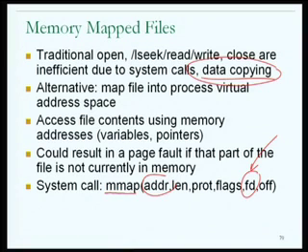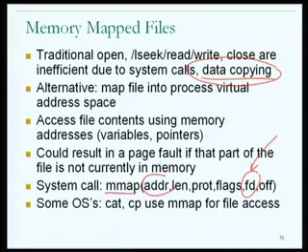Now, to answer that question, let me just point out that in many of the systems that you use, it may well be the case that the programs that you refer to as cat or cp may benefit from using mmap rather than using the traditional mechanisms, fopen or open, read, write, etc. If you actually checked to see what mechanism is used by cat or by cp, cp is the program which is used to copy one file into another file, you may well find that these programs are using mmap, because that is the most efficient mechanism for dealing with the kinds of file access patterns that they are handling. And therefore, mmap might be one of the better kept secrets.